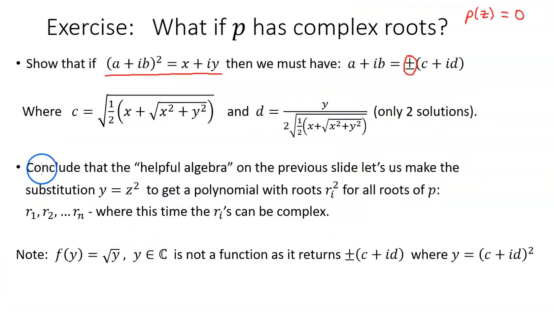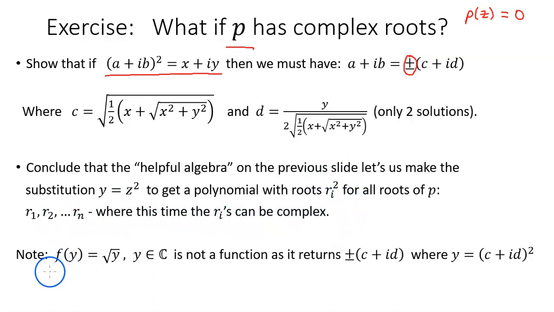So interestingly enough, by the previous slide, we can just make the substitution y equals z squared to get a polynomial with roots ri squared for all roots of p, where this time the roots r1 to rn can be complex numbers. They don't have to be real numbers. The working is exactly the same.